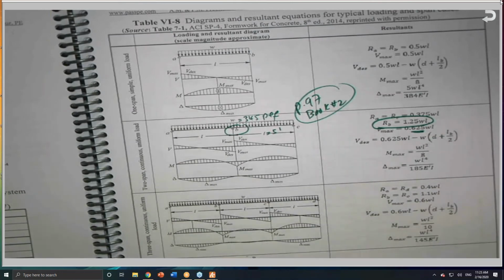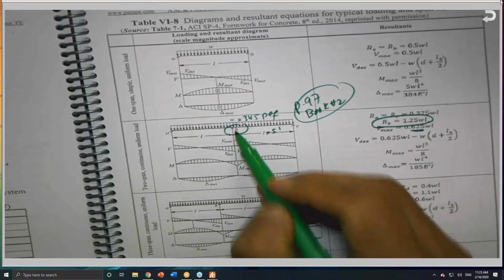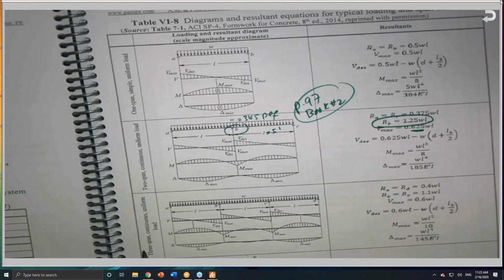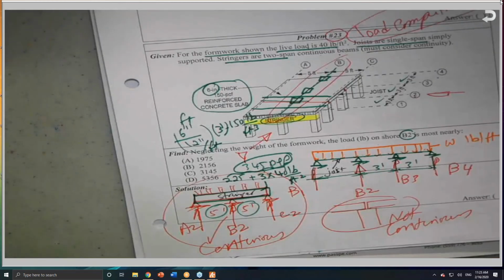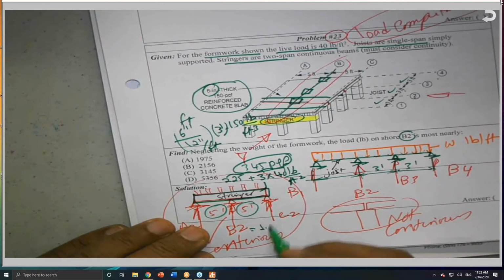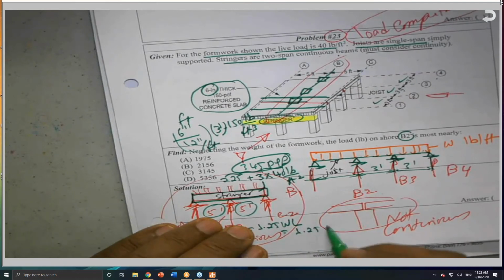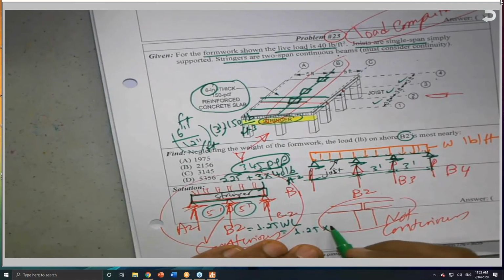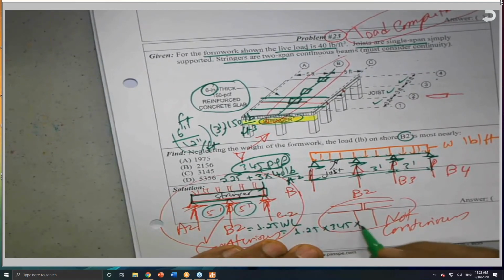The reaction, which is this one here. So the reaction at B is equal to 1.25 WL. So it is 1.25 times W, which is 345, times 5 feet.